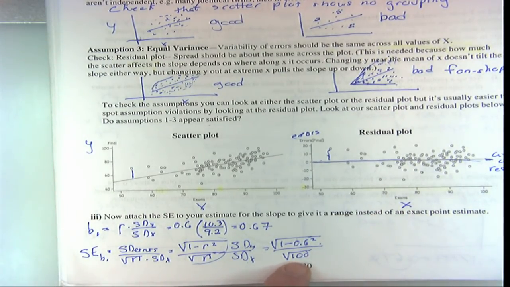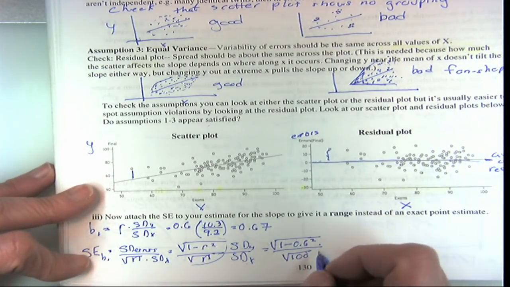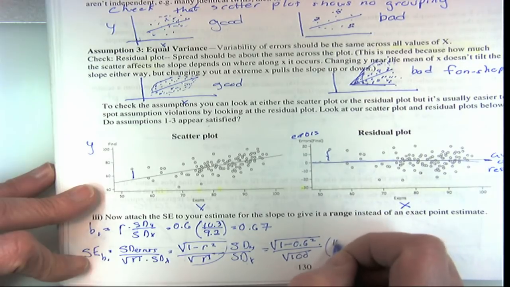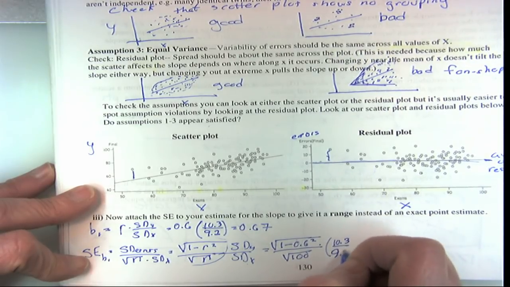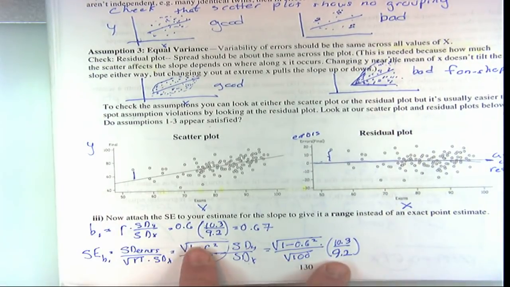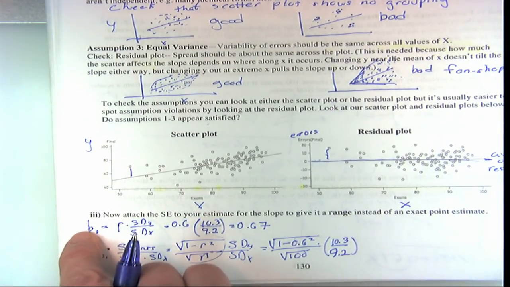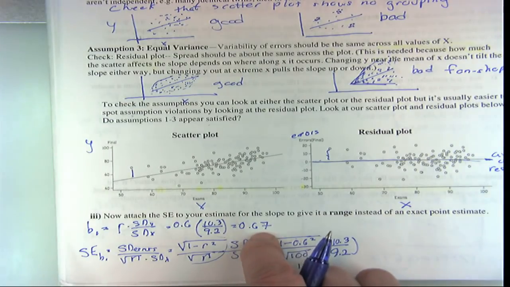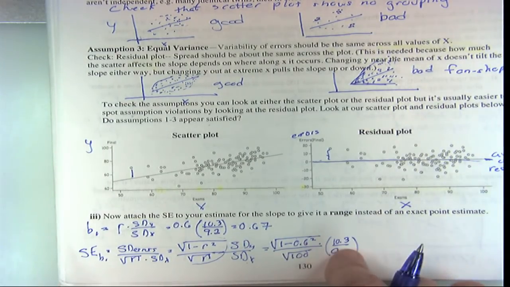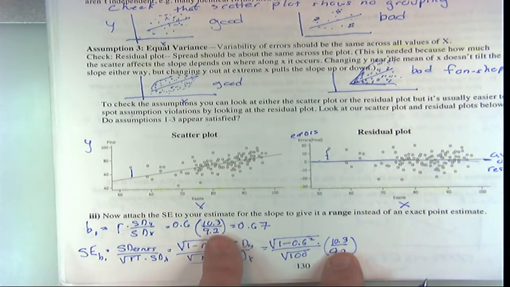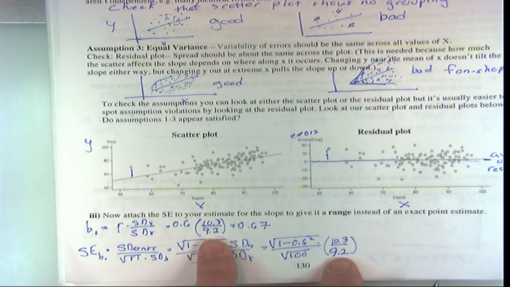And now we have this same part. We can say 10.3 over 9.2. That's SDY over SDX. See how it matches up? So we're going to say, okay, we think our slope, our point estimate, is that, and this is going to be our give and take amount. And this part's the same, SDY over SDX. Okay?